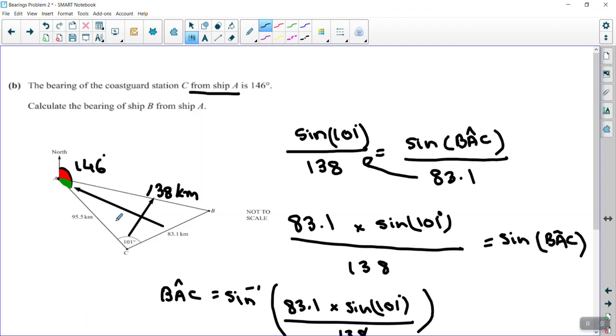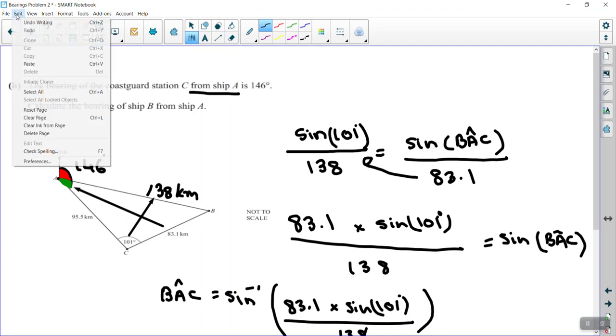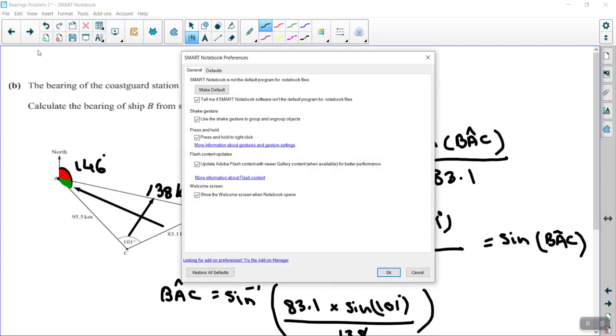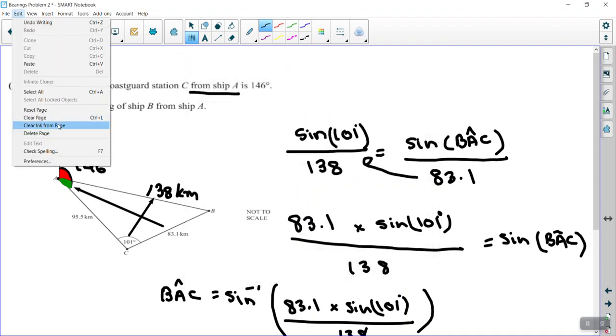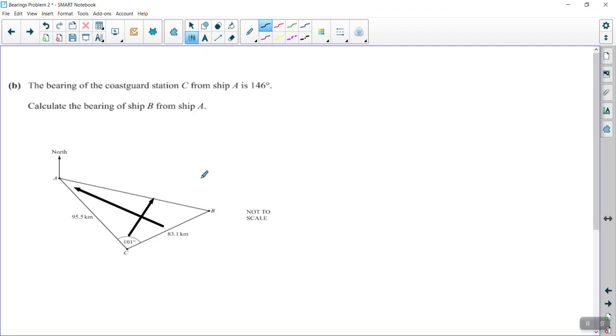You would use the area formula, which is half times both the sides, 95.5 times 83.1, and here you would use sine of the included angle.